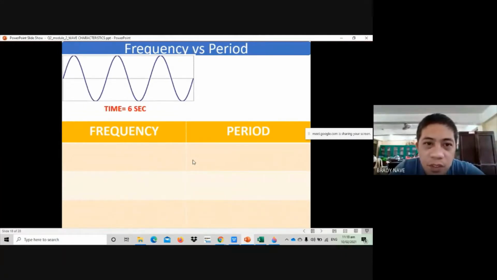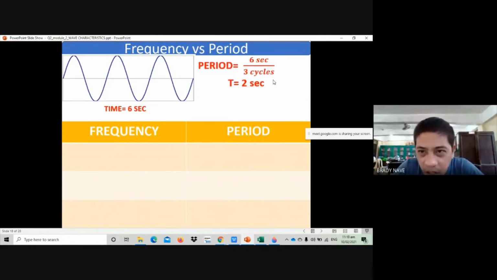So another example, we have 3 cycles in 6 seconds. So 6 seconds divided by 3 cycles is equal to 2 seconds. So ibig sabihin, sa isang cycle, it consumes 2 seconds. So 2 plus 2 plus 2 equals 6 seconds.